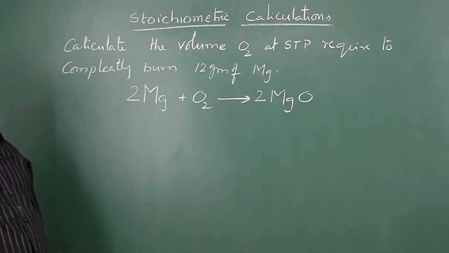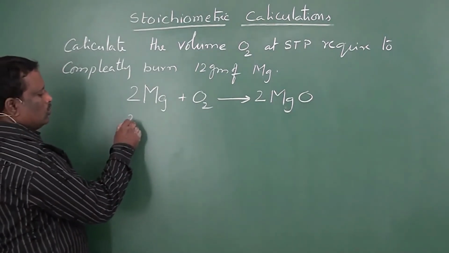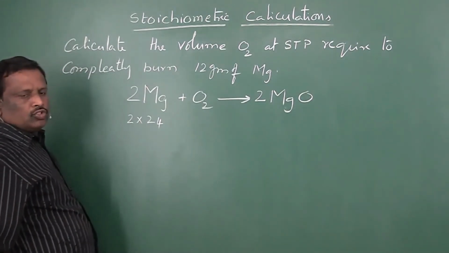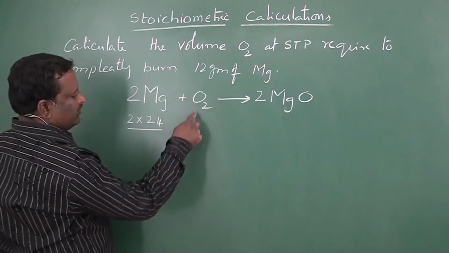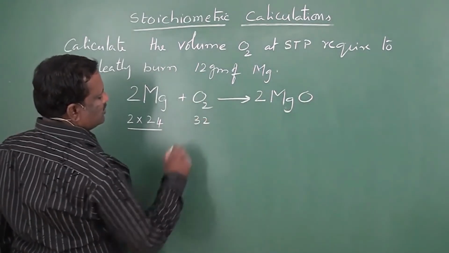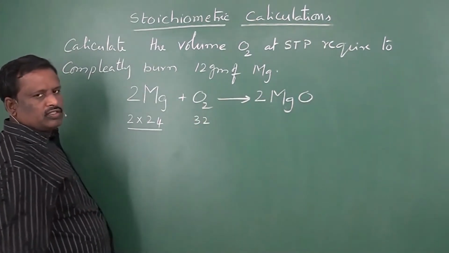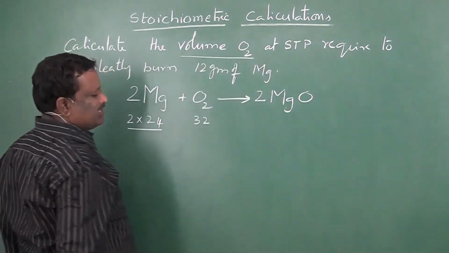Now, according to this equation, 2 into 24 is the atomic weight of magnesium. 2 into 24 grams of magnesium is reacting with 32 grams of oxygen to produce magnesium oxide. Here they are asking the volume of oxygen at STP.